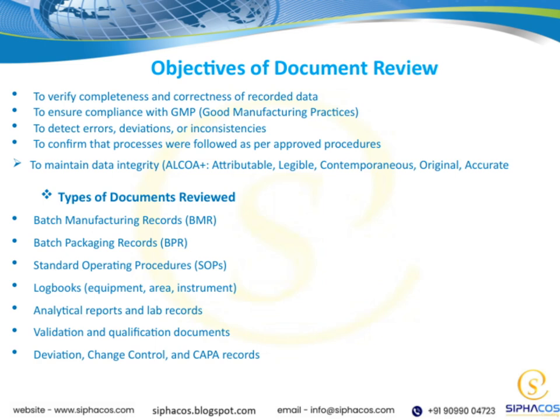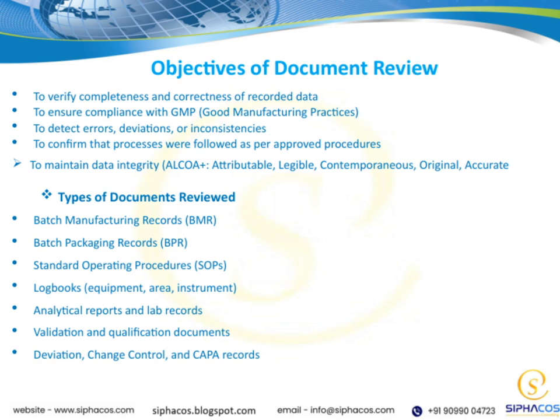Another key point is confirming that processes were followed exactly as outlined in the approved procedures. This helps maintain the integrity of our manufacturing process. Speaking of data integrity, we adhere to the ALCOA plus principles, making sure data is attributable, legible, contemporaneous, original, and accurate. These principles are fundamental to ensuring trust in our records.